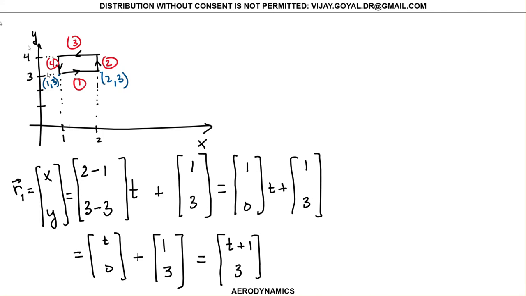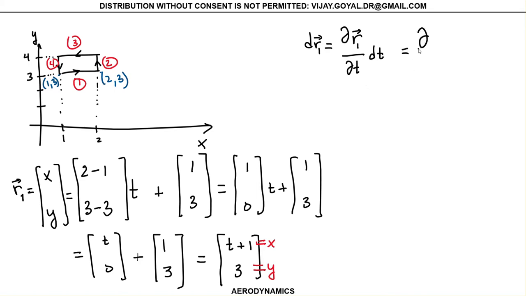So this is the value that I'm going to use for x, and this is the value I will use for y. When I'm doing this problem, dr1 will be nothing else than the partial of r1 with respect to t, dt. Sorry, with respect to t. You can see that we just take the derivative of each of these components.